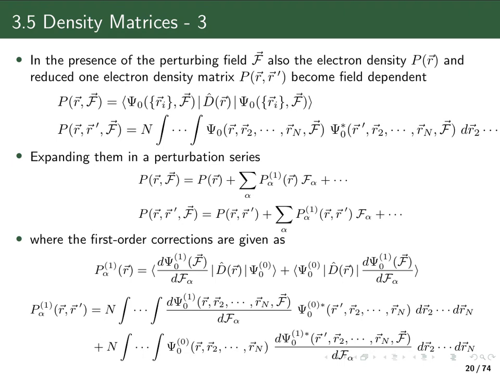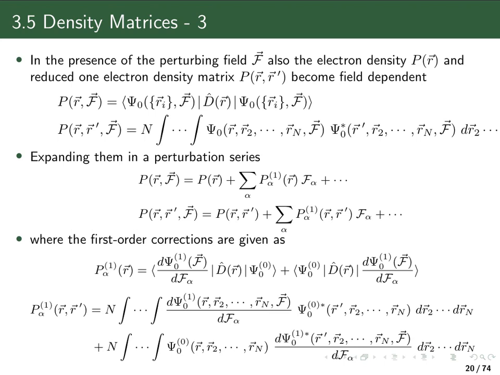And how do they look? Well, of course, if I insert the expansion of the perturbed wave function in the expression for the density and collect all the first order terms, I get as this P alpha first order the sum of those two integrals, where here I have the derivative of the first order correction to the wave function, my density operator, and the unperturbed wave function, and here the interchange, where I take the derivative in the ket instead of the bra.